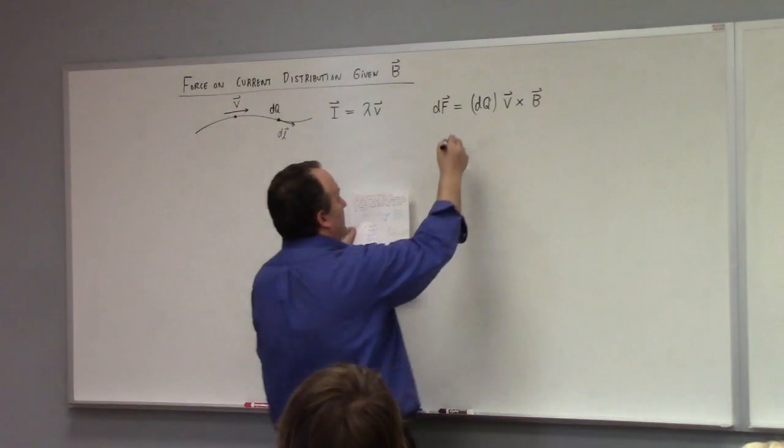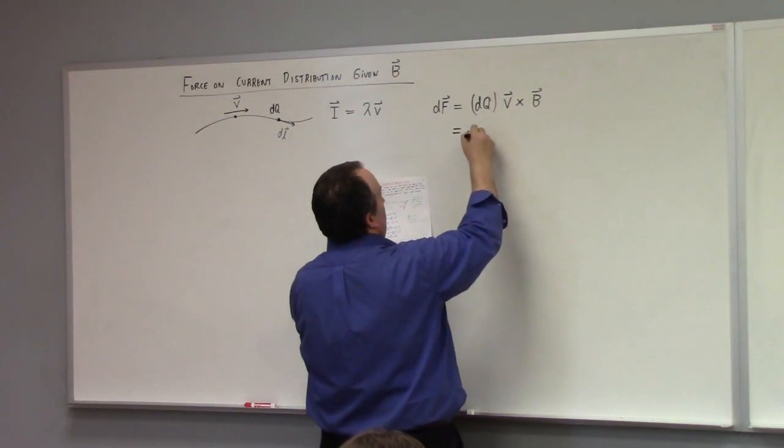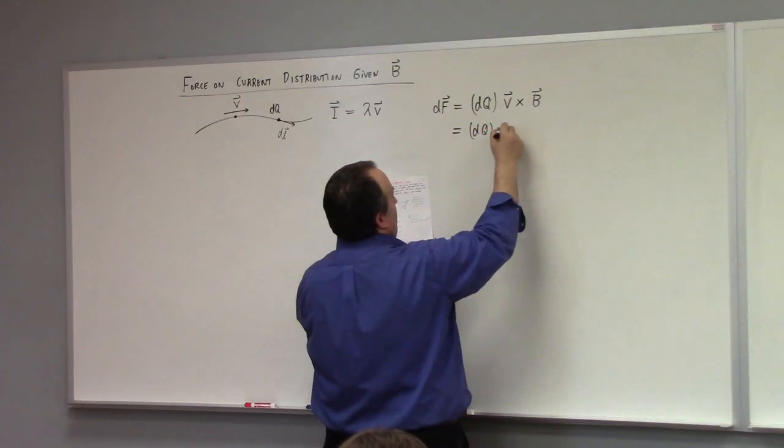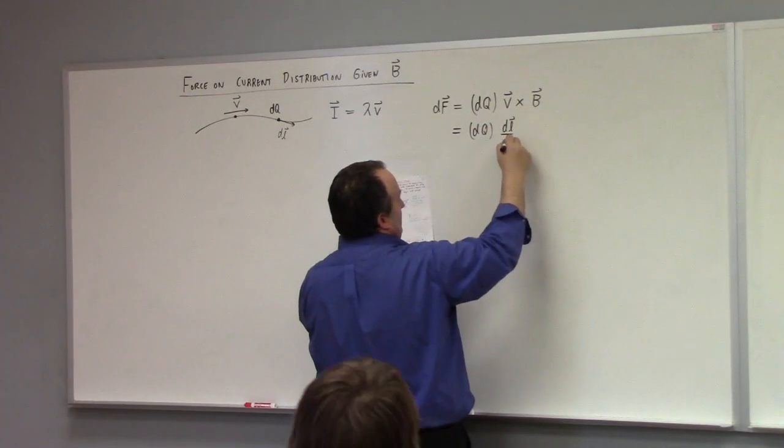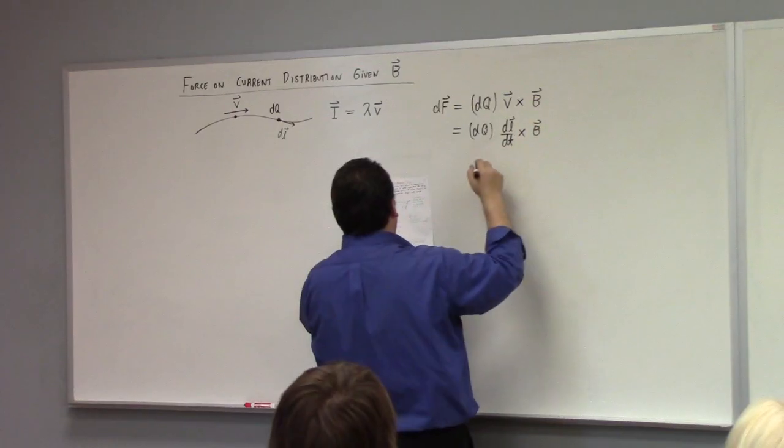Then, of course, you could trade that for dq times dl/dt cross B, right?